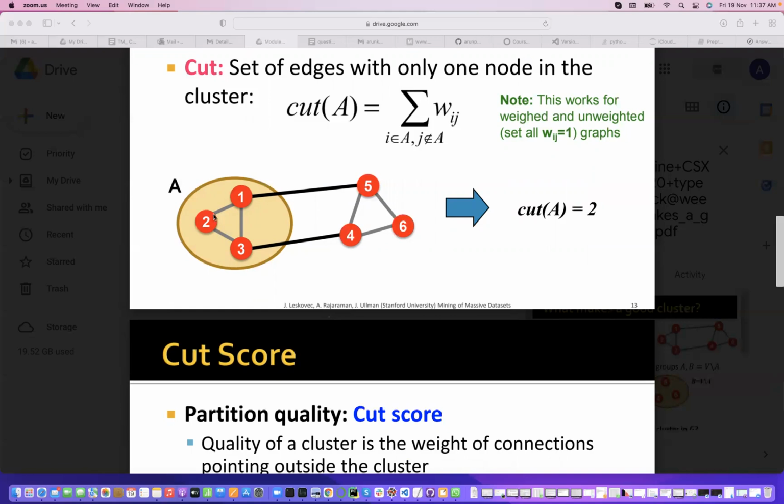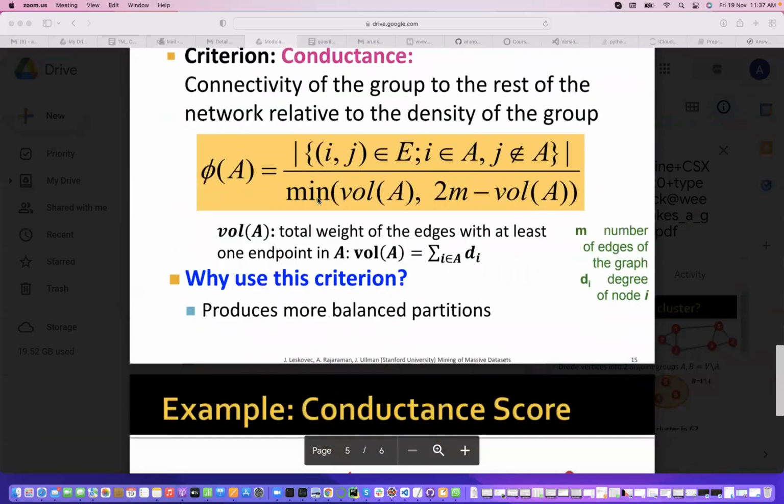There are 2 nodes with degree 2 and 4 nodes with degree 3. Nodes 2 and 6 have degree 2, and the remaining all have degree 3, right? So 2 multiplied by 2 is 4, plus 4 multiplied by 3 is 12, and 12 plus 4 is 16. So is it twice the number of edges? Yes.